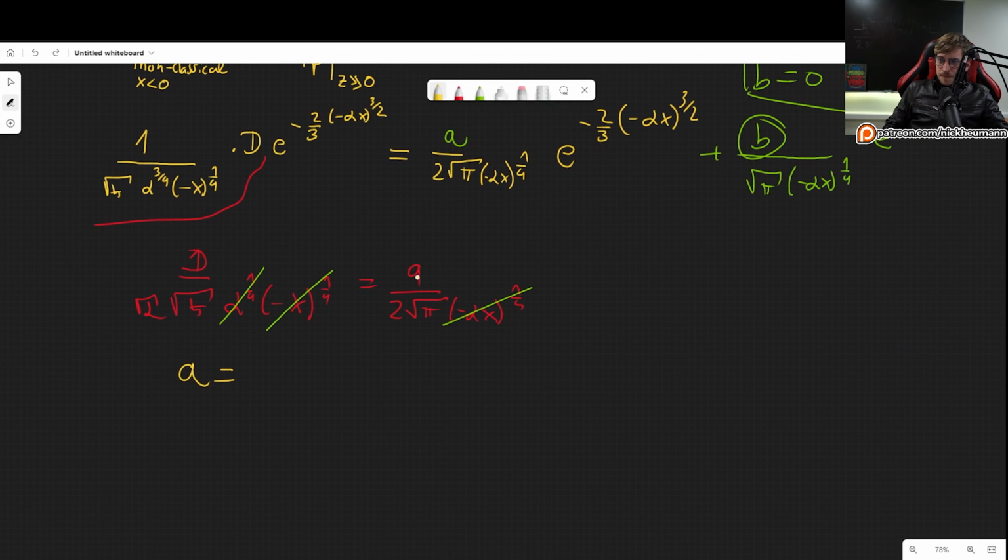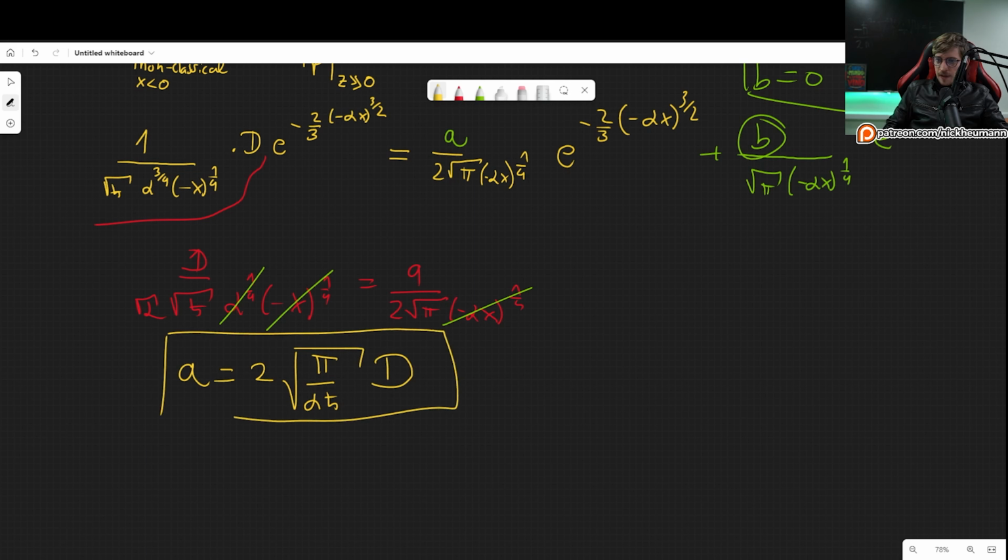So a, small a, will be 2 times the square root of pi over alpha h bar, and then we multiply by d, and that's it. There's nothing else. Okay, there we go. This is another condition. Now we do the exact same thing, but for this other region.